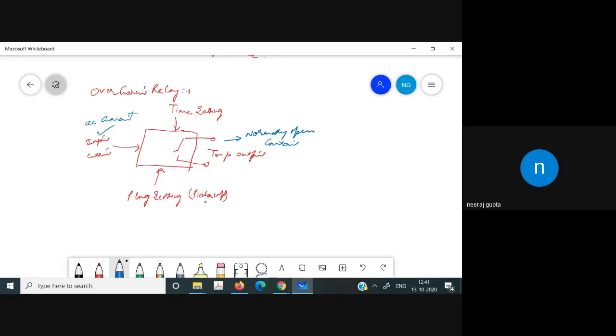And this normally open contact changes to the closed state when the relay trips.